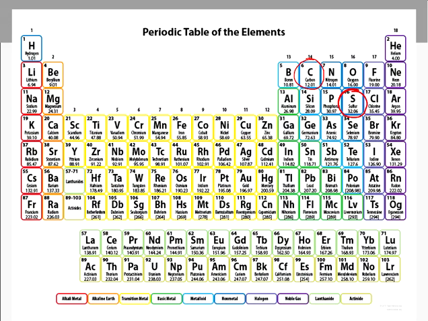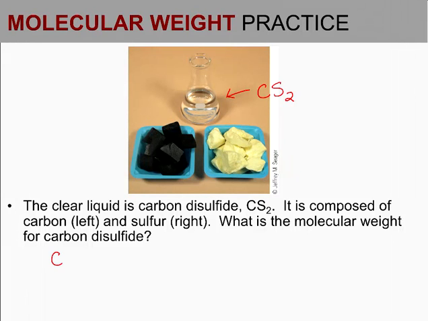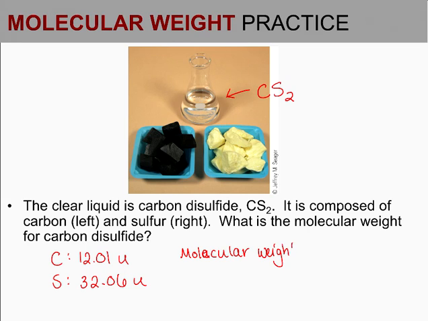So let's go back and we'll write those down. So to calculate the molecular weight, or sometimes we'll call it the molecular mass, we're going to add together the mass or weight of one carbon atom and then the mass of two sulfur atoms.